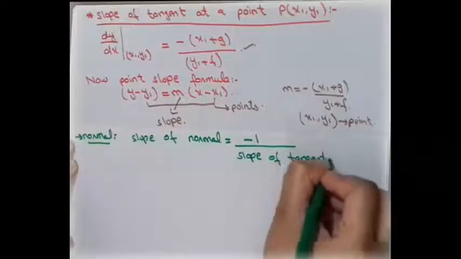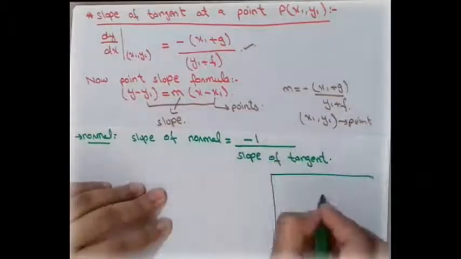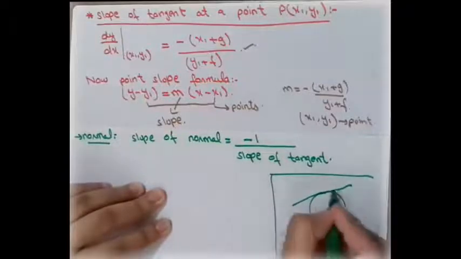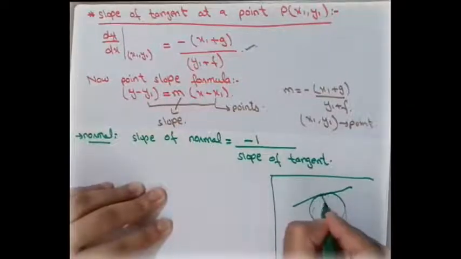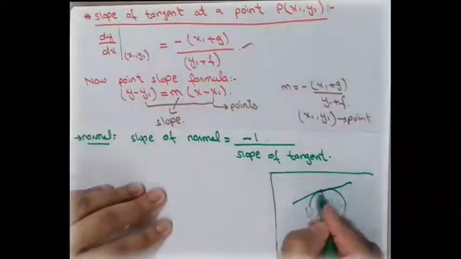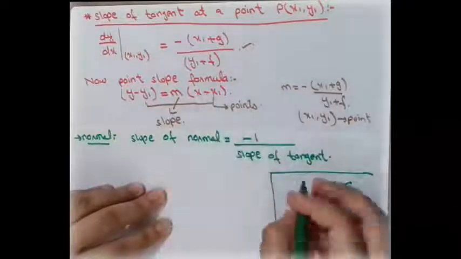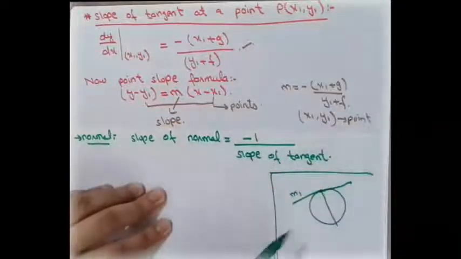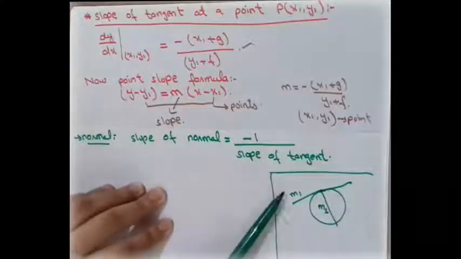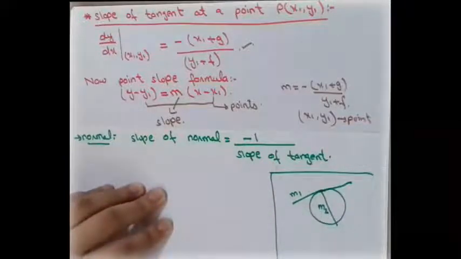So how is it possible? If we have a circle, and this is our tangent line, and this is our normal line which is perpendicular to the tangent line, and we suppose that the slope of this tangent line, which we already found, is m1, and the slope of this normal line is m2, then we know that the product of these two slopes is equal to -1.